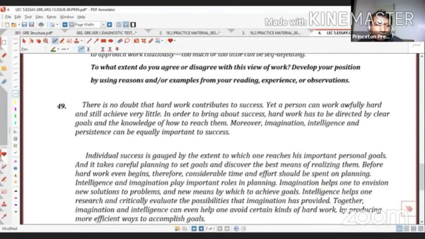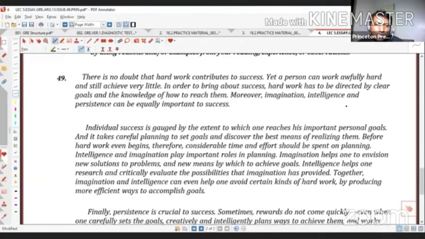Let's read. There's no doubt that hard work contributes to success, yet a person can work awfully hard and still achieve very little. In order to bring about success, hard work has to be directed by clear goals and knowledge of how to reach them. Moreover, imagination, intelligence, and persistence can be equally important to success.